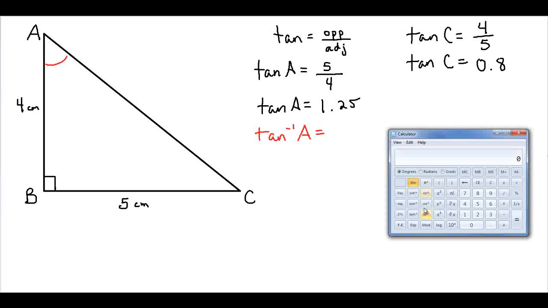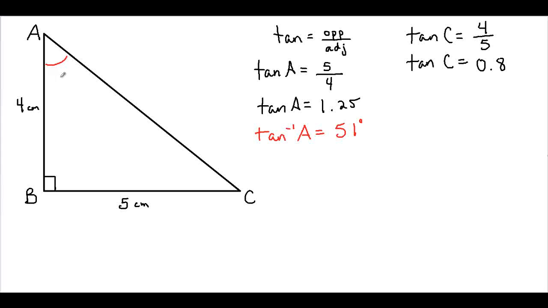So we have 1.25 inverse tan equals a little over 51 degrees. We'll round to the nearest degree, which will give us 51. So we have just determined this angle to be 51 degrees.